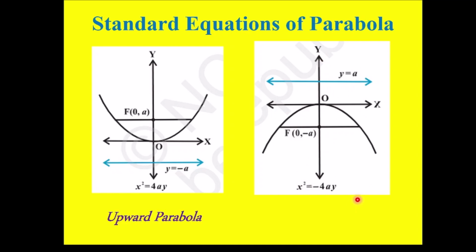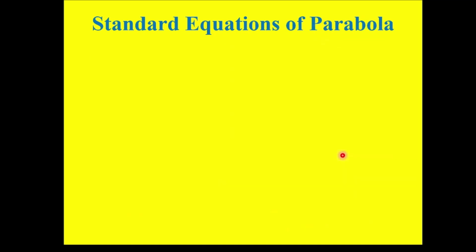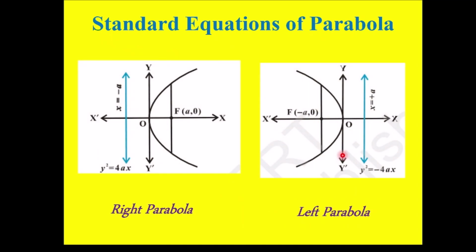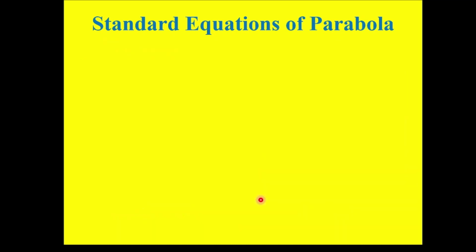In future, whenever we talk about an upward parabola, it will be x square equal to 4ay, and for a downward parabola it would be x square equal to minus 4ay. In both these cases, whenever x square is there, the parabolas are symmetric about the y axis. In the previous cases, when y square is there, the parabolas are symmetric about the x axis.